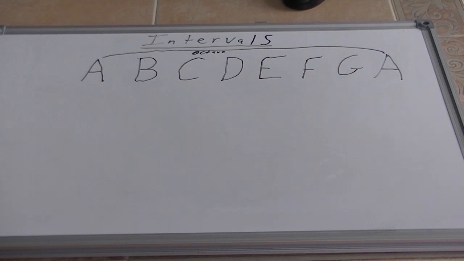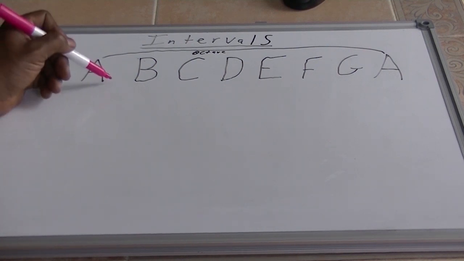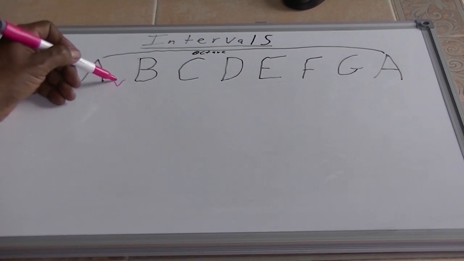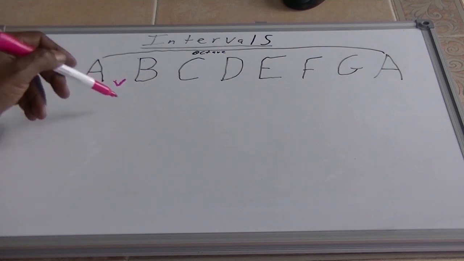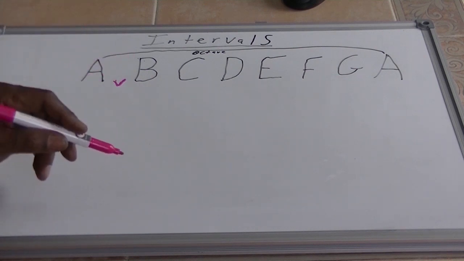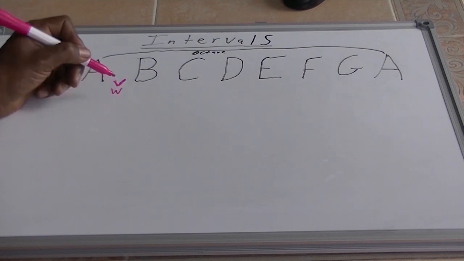So at this point, I would like to provide you with some additional information. So please write what I have here, and I'm going to provide some additional information. The first thing I'm going to tell you is that the interval between the notes A and B, and I'm just going to draw this little V here to indicate that, is what's known as a whole step.